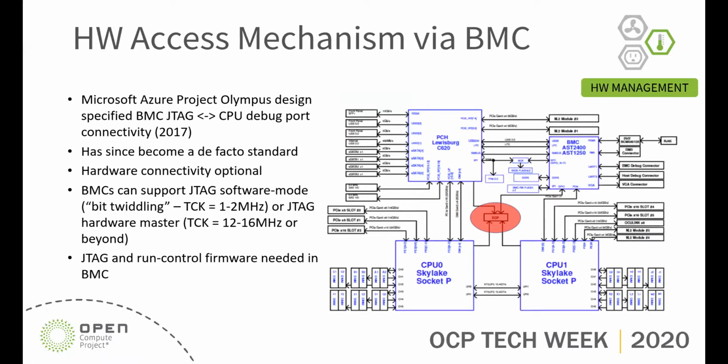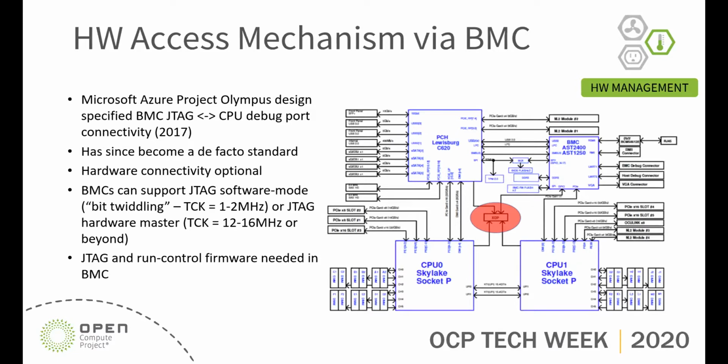JTAG came to the attention of the OCP, working with the silicon vendors, back in 2017, and Microsoft, initially on the Project Olympus design, implemented physical connectivity between the BMC JTAG pins and the CPU debug ports. The diagram on the right is an Intel design, but they had similar topologies for AMD and ARM as well.